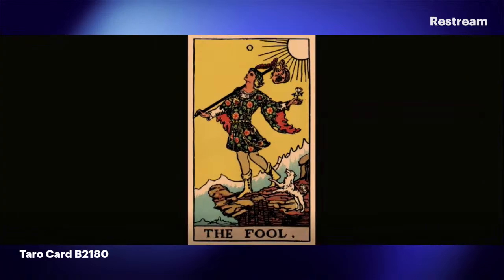Or reversed, it can signify recklessness, naivety, or fear of starting. So, yeah, there's a little doggy trying to get his attention there so he doesn't go off the cliff. But he's not really paying much attention.